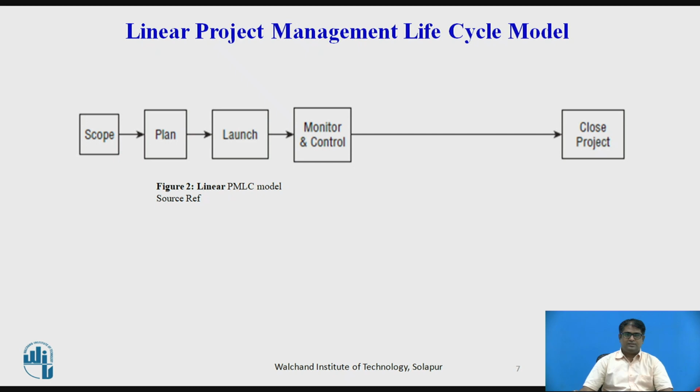So this is a major weakness of all linear PMLC models, in that the knowledge gained from one process group, such as launching, cannot be used to revise and improve the deliverable from a previously completed process group, such as the scoping process. There is no going back to improve deliverables.